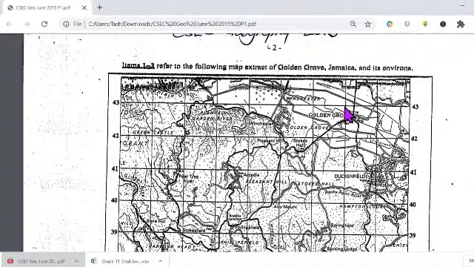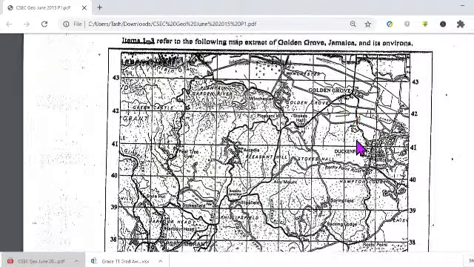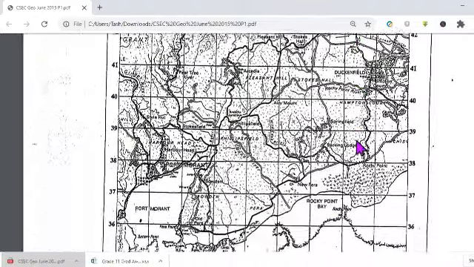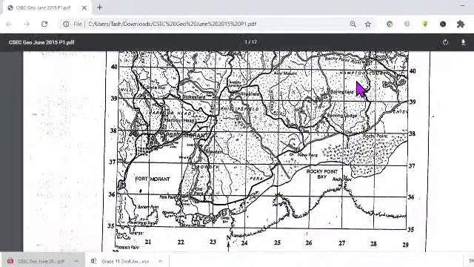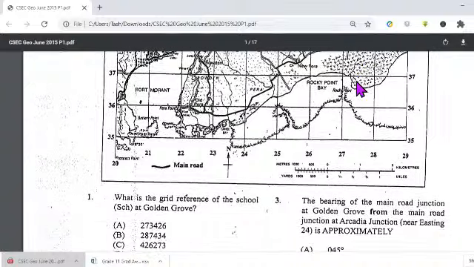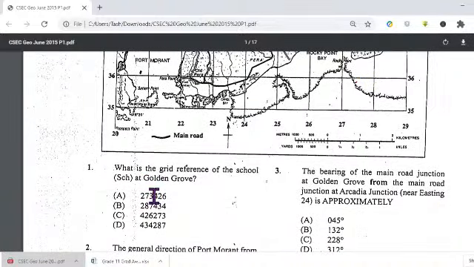To do that, we use the capital letter L. So we would look at what this line is first, and then we look for this line, which would have been 42. So that is 2742. That's what our 4-figure would look like. So we need to look for an answer where the 4-figure is 2742.